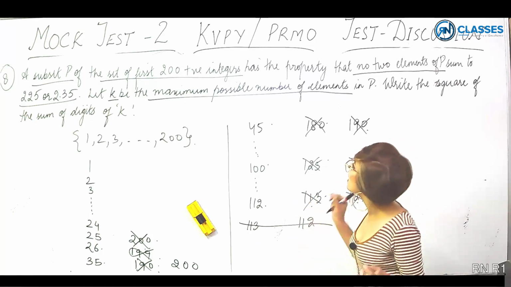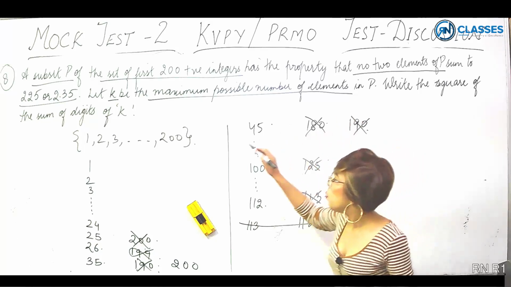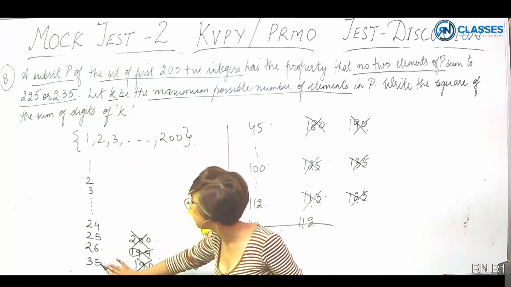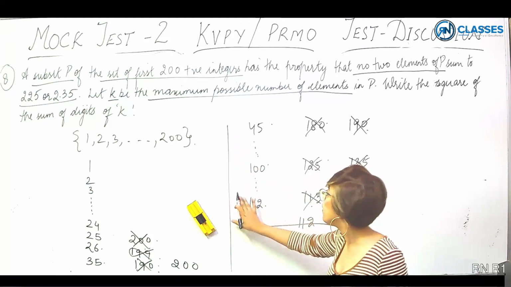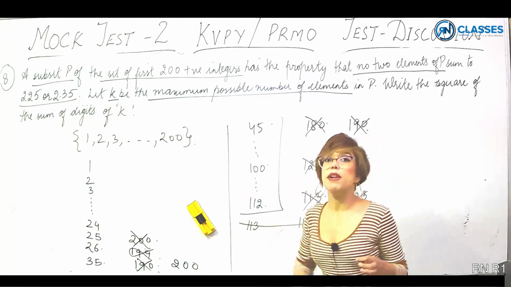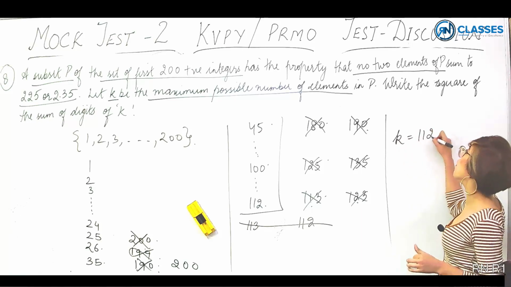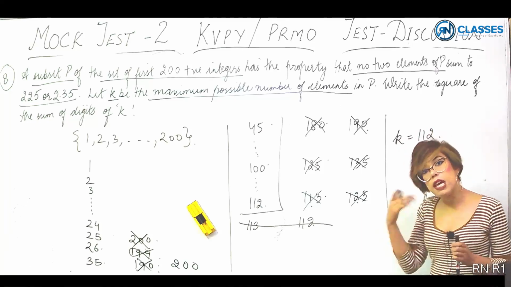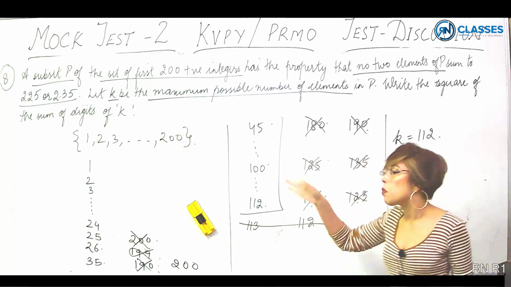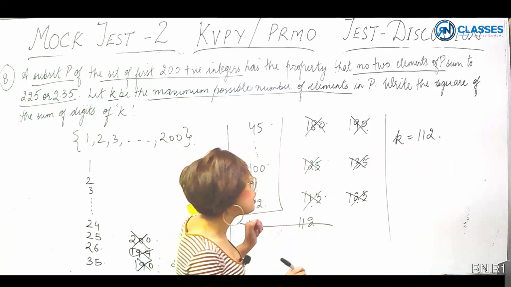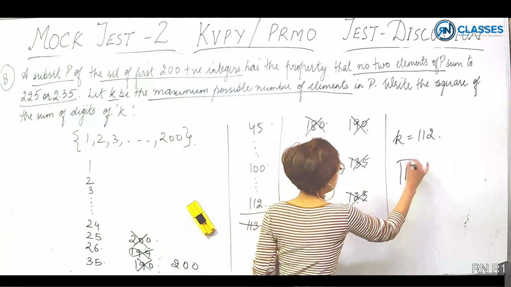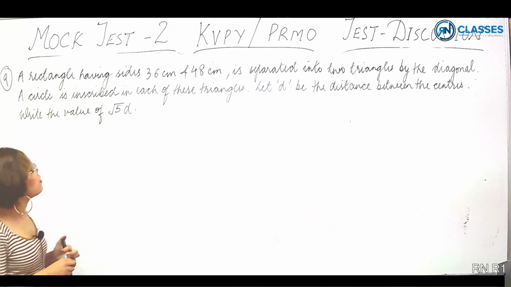So that means the maximum possible number of elements: 1, 2, 3, so on till 35, so on till 45, so on till 100, so on till 112. So 112 is the maximum possible number of elements in P. So K is 112. You can find the value square of sum of digits of K, which turns out to be 16.